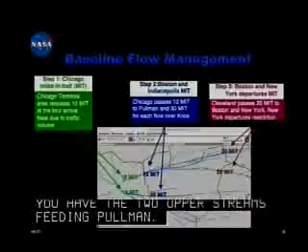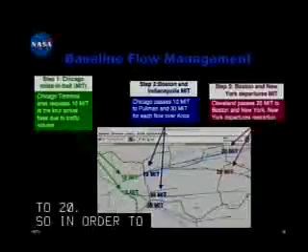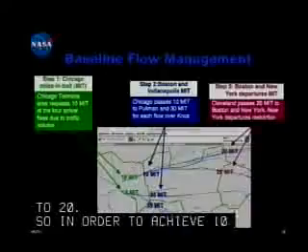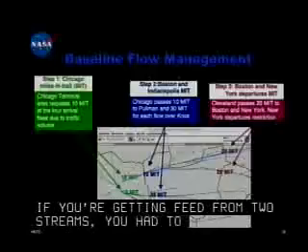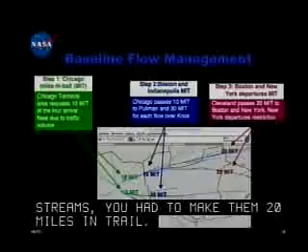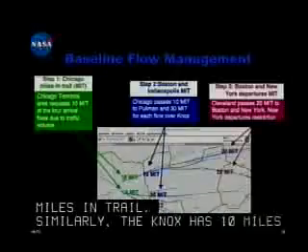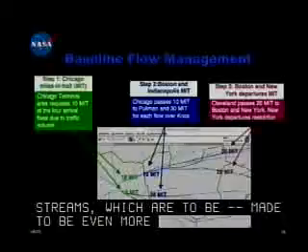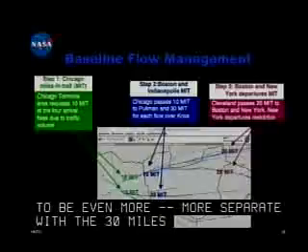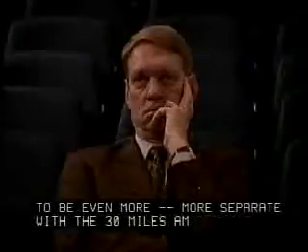In order to achieve 10 miles in trail, if you're getting feed from two streams, you have to make them 20 miles in trail. Similarly, the lower Knox fix has 10 miles in trail and has three feeder streams, which have to be made even more separate with 30 miles in trail. And now let me give you how much delay this results in. Next view graph, please.